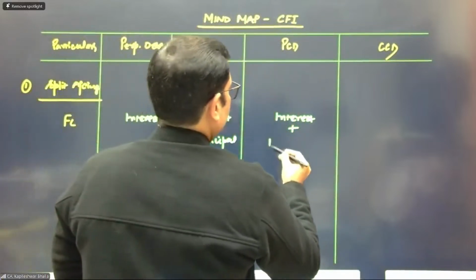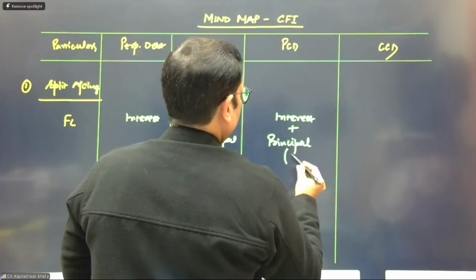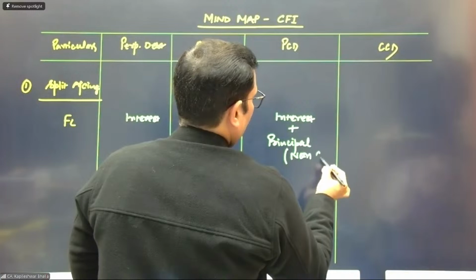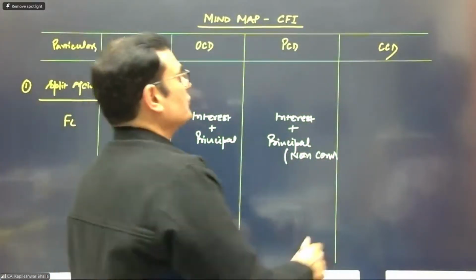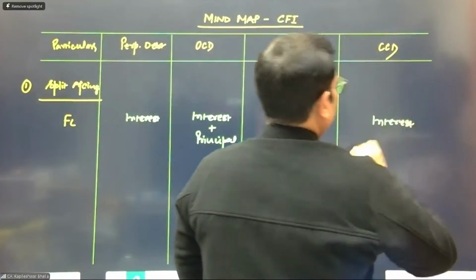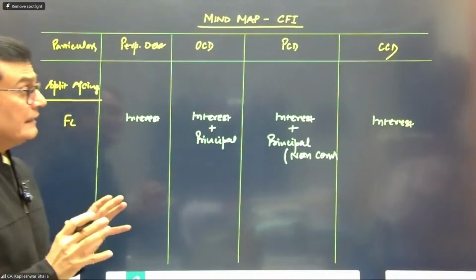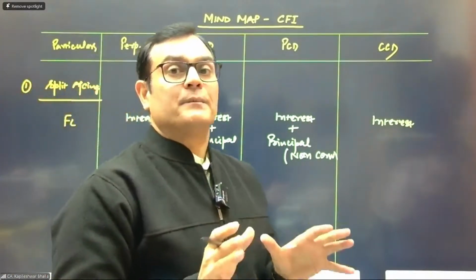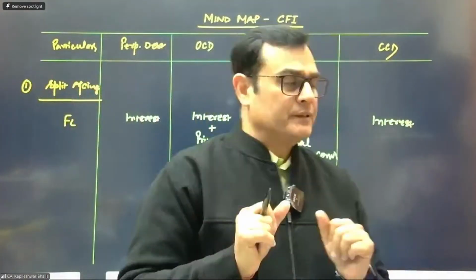Yes, we will take the principal, only the non-convertible portion. I'll put it as non-convertible in the brackets. And for compulsory convertible, we are considering only the interest element, not the principal element. Your focus point 1 needs to be very clear: which element is taken as a part of the FL measurement. Next.